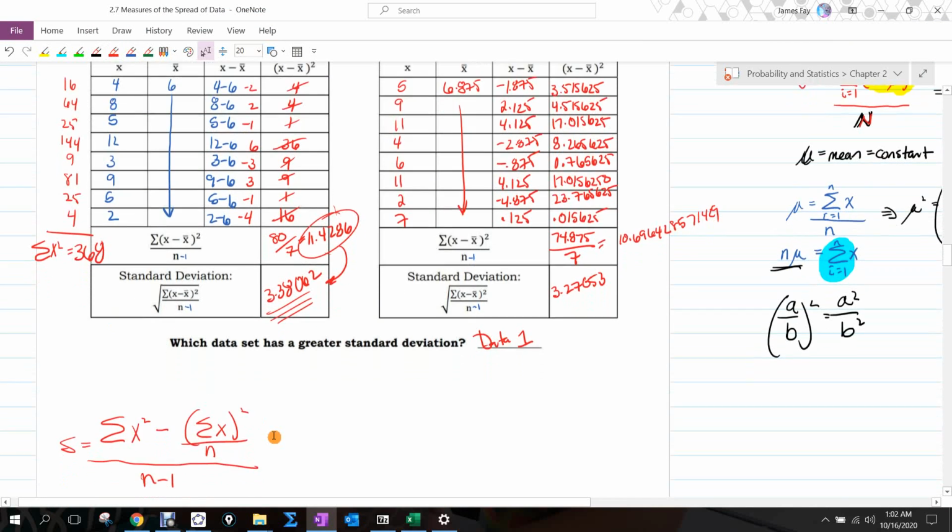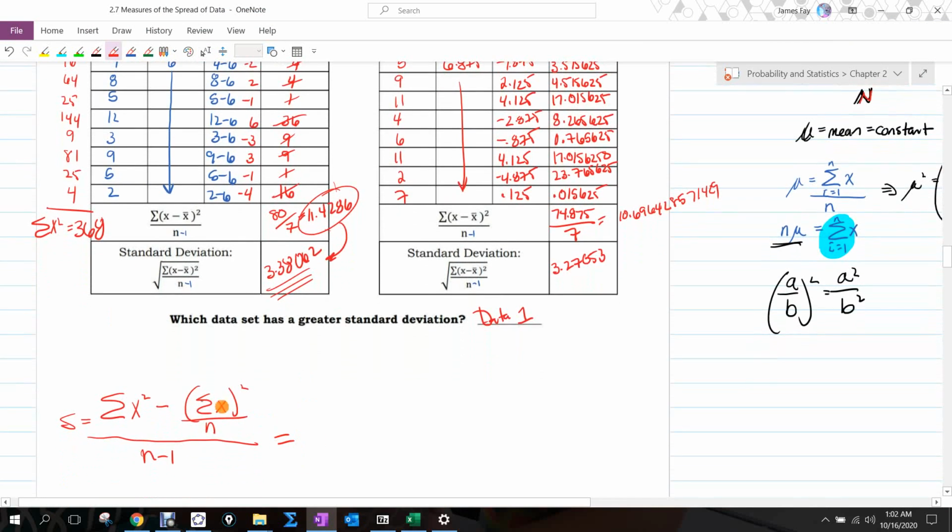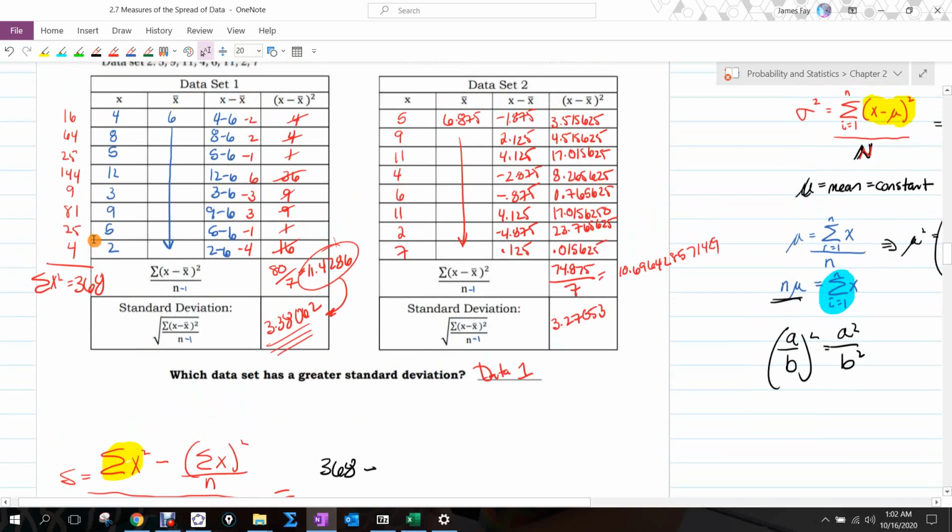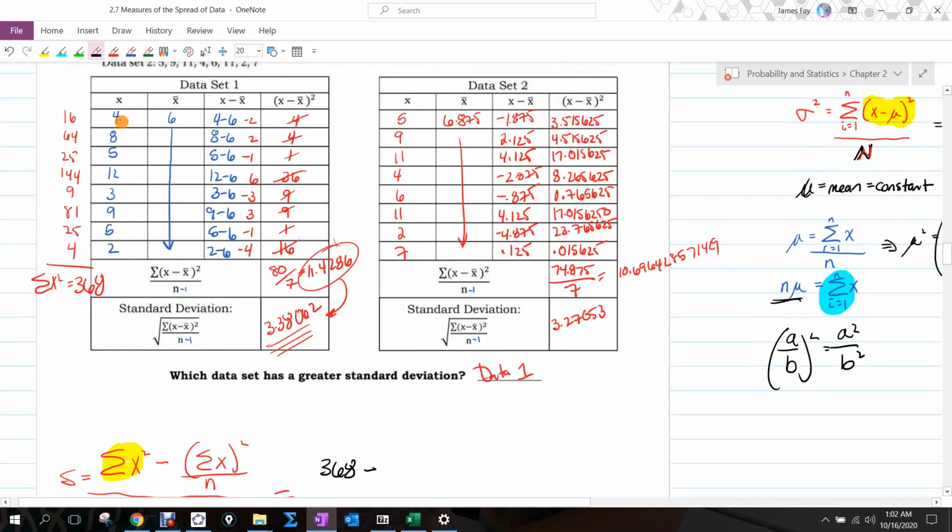Okay. So in my formula right now, this yellow portion is going to be 368 minus then the sum of x's. So the sum of x's is just going to be the sum of these. So there's 12, 17, 29, 32, 41, 46, 48.